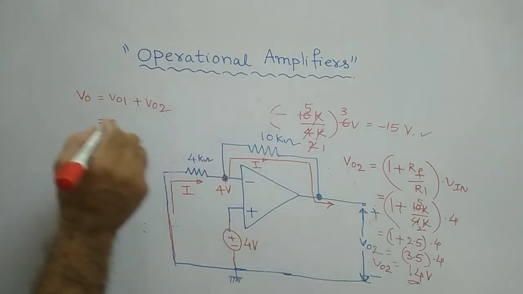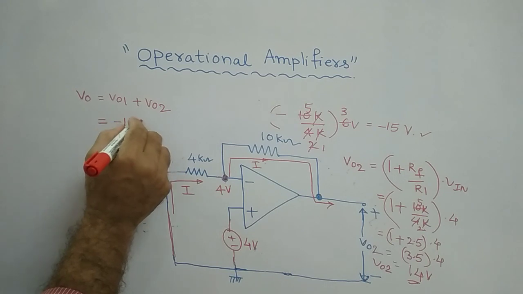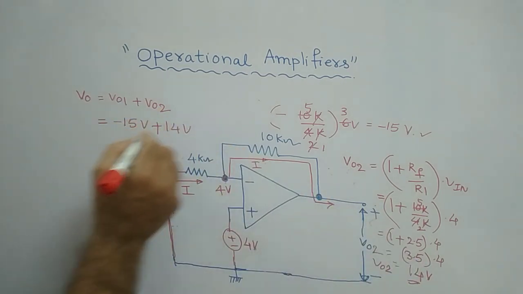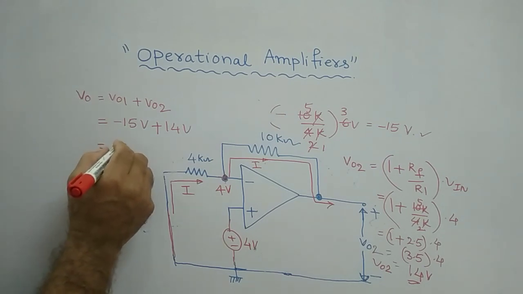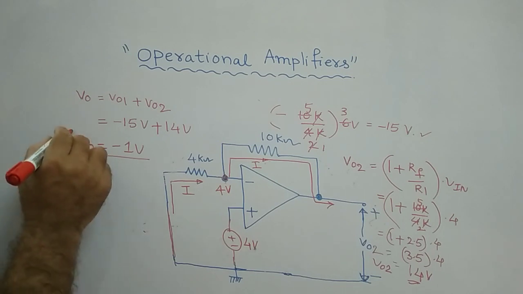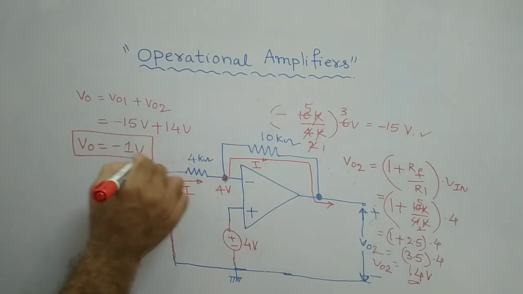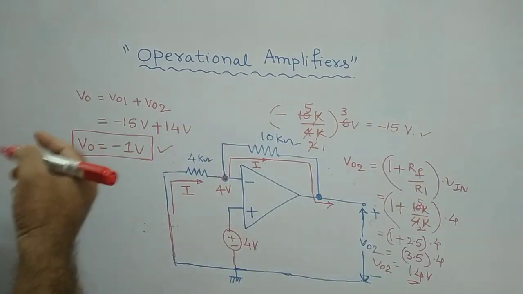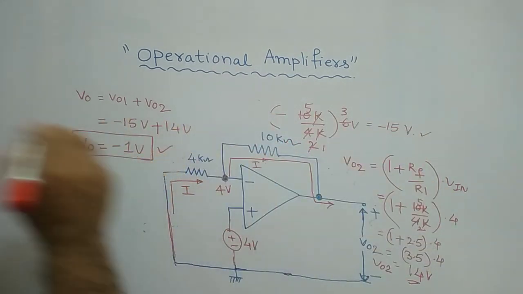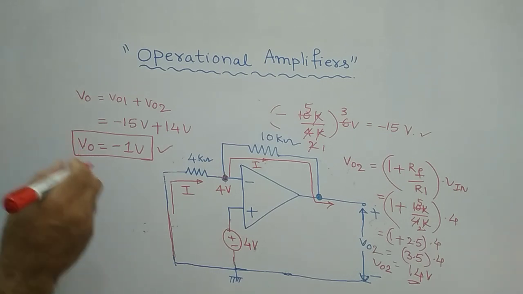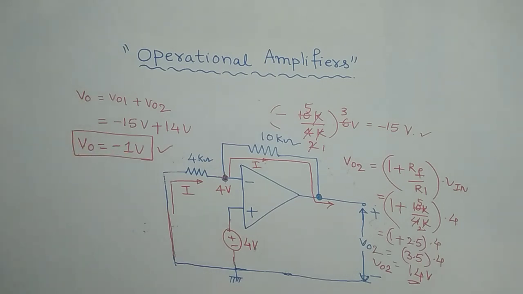V01 is minus 15 volts plus V02 is 14 volts, so minus 15 plus 14 is minus 1 volt. This is the second method. In the first method you also got minus 1 volt output, and in the second method, using the superposition principle, you got minus 1 volt.